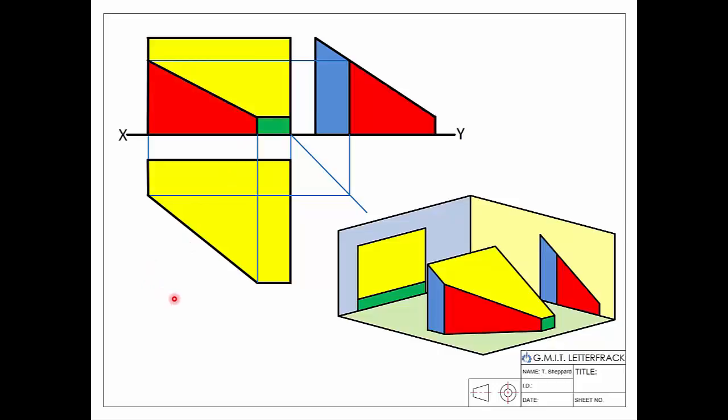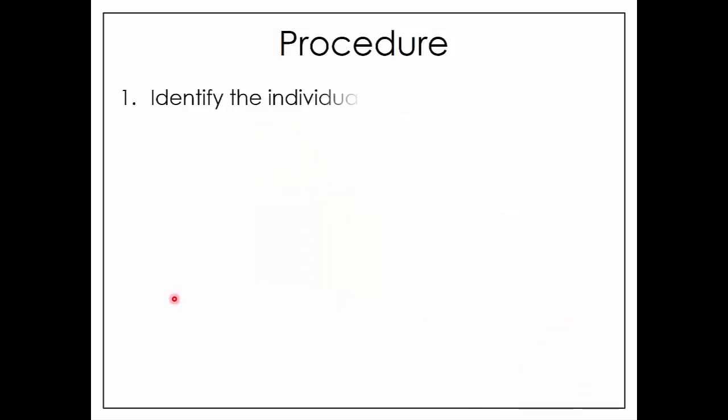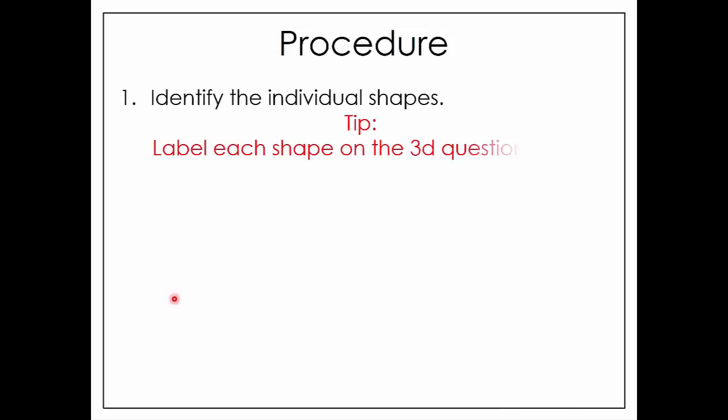So we're going to look now at a procedure to help us solve this type of question. The procedure itself is quite straightforward. First of all, we want to identify the individual shapes, and as a handy tip, label them on the question itself. Generally the question is given to you in a 3D form, so just label it on the question.